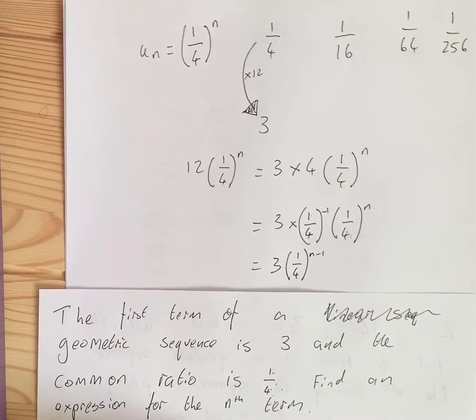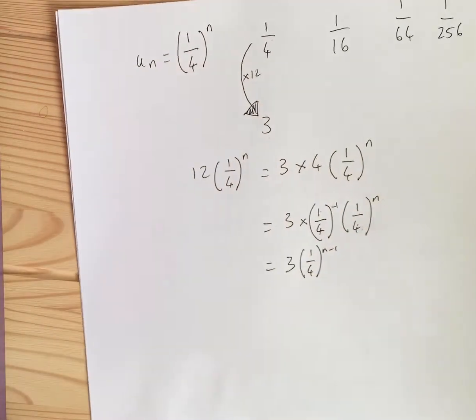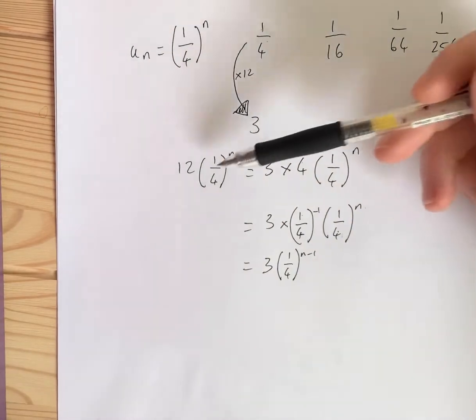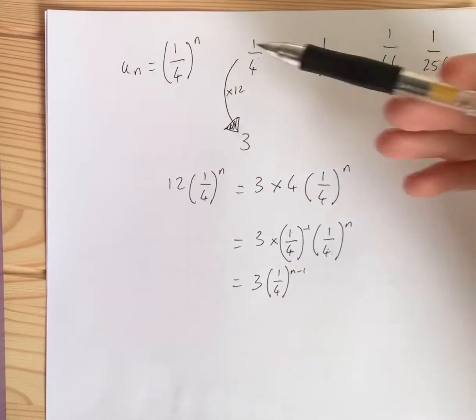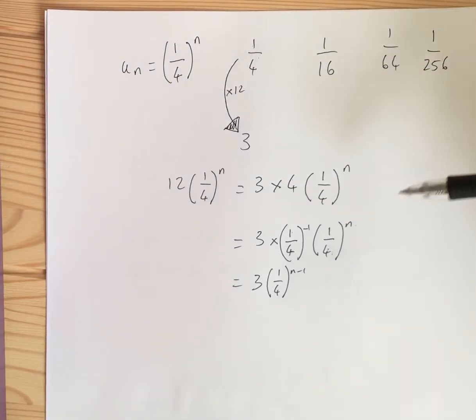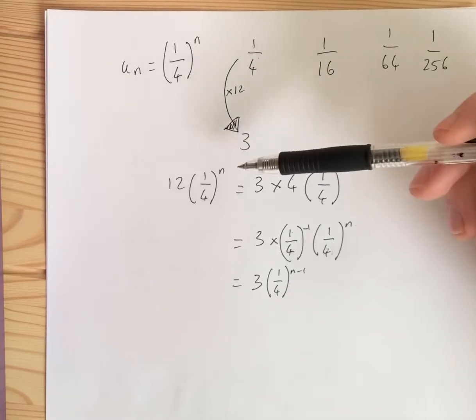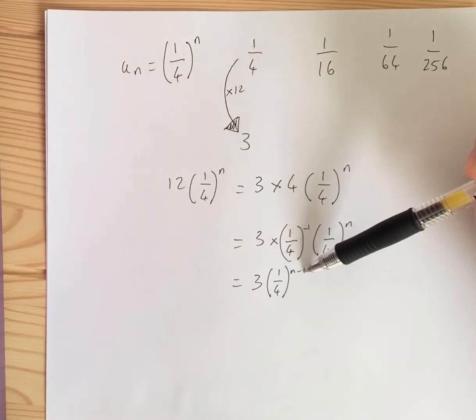Okay. Note that both are the same. Sometimes you might be asked to give it in a certain form, if it's a longer question or a slightly higher number of marks for the question, you might be asked to write it in this n minus 1 form.